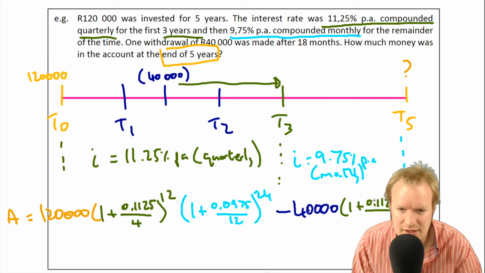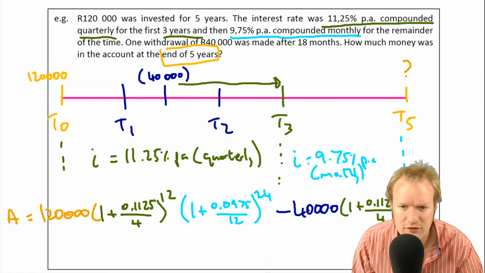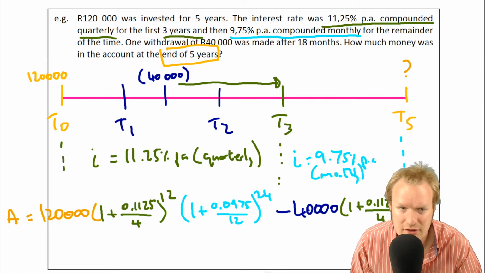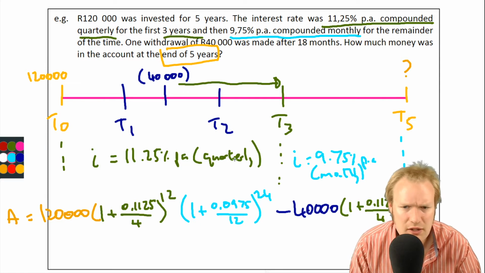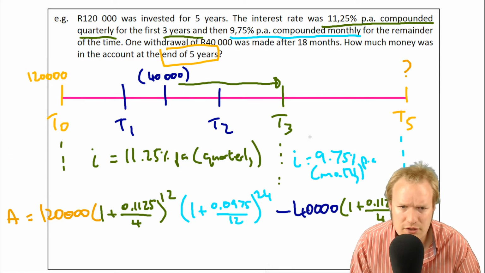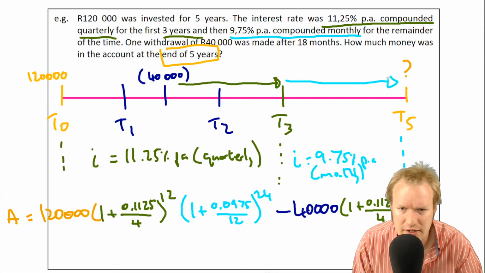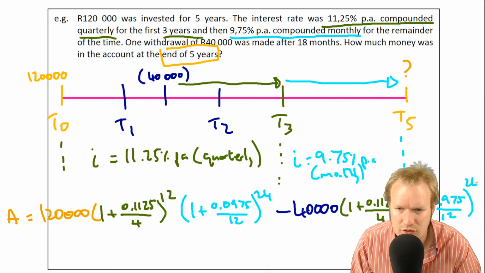So we're going quarterly for a year and a half. So 6. That seems right. And then we also would have lost that having earned interest for this time, 1 plus 0.0975 monthly for those 24.